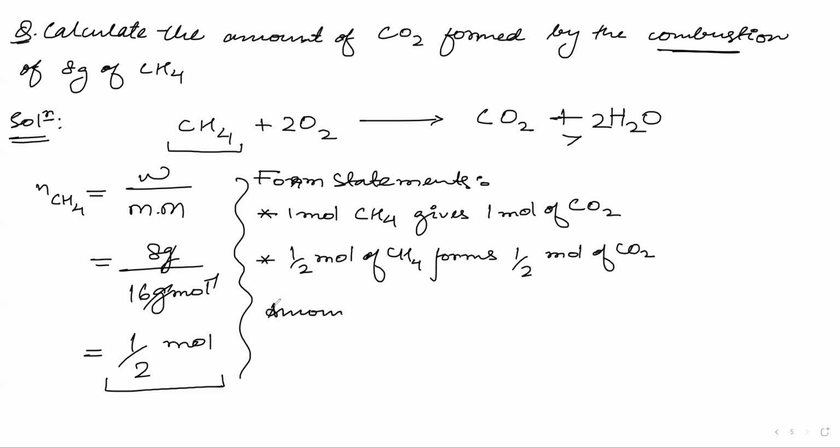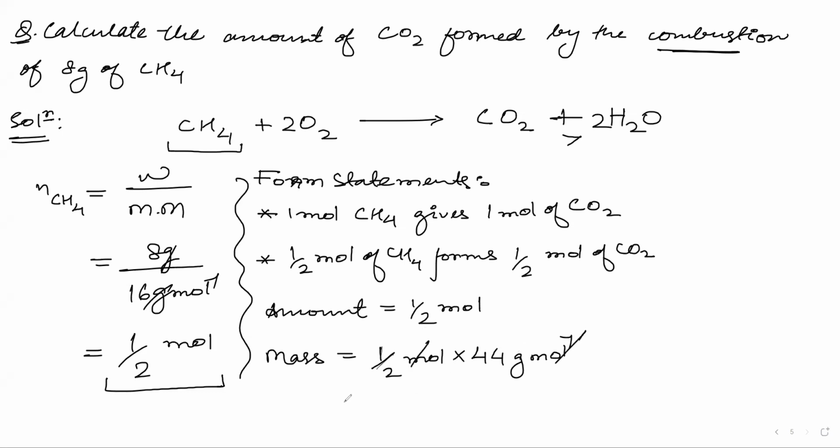So the amount is equal to 1 by 2 mole. Mass is equal to the number of moles, 1 by 2 mole, into 44 grams per mole. Mole and mole will cancel out each other, and I will get 22 grams.